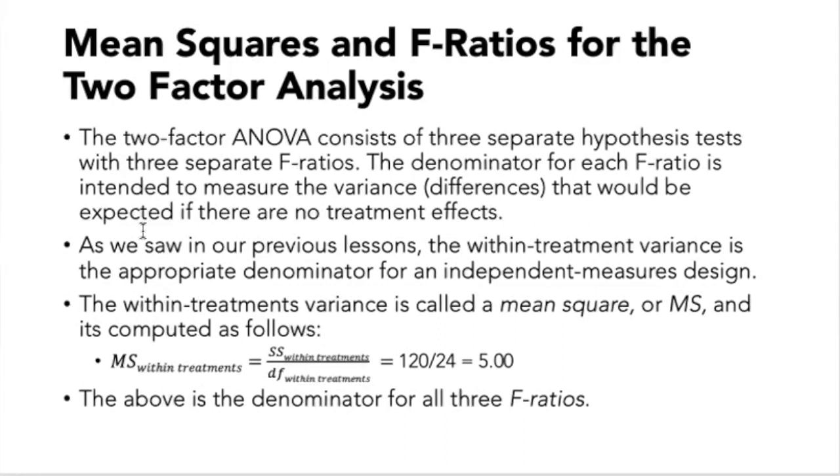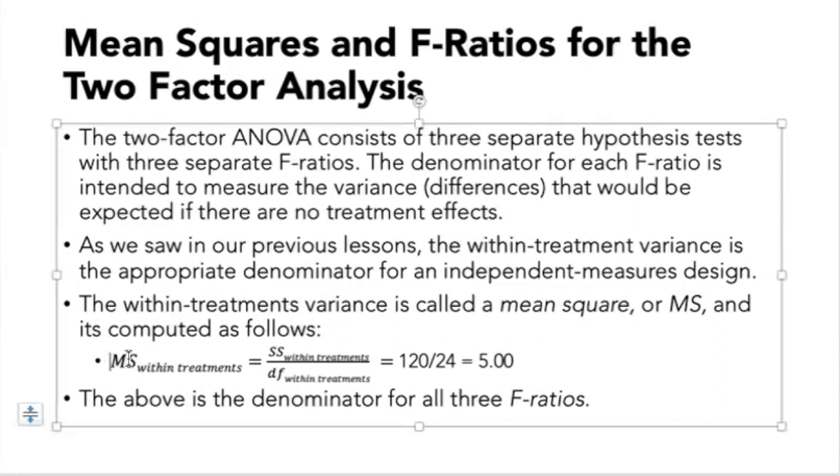So here's the formula for our calculation. The within treatment variance is called the mean square, or MS, and it is computed as follows. Sum of squares within treatment divided by degrees of freedom within treatments. So sum of squares within treatment we earlier found, that is 120.